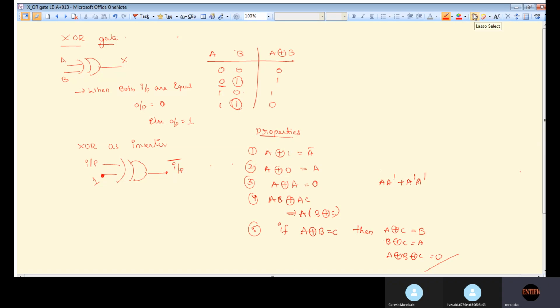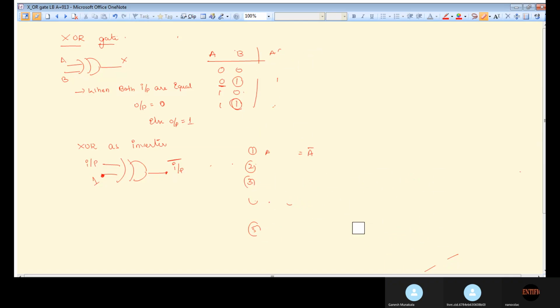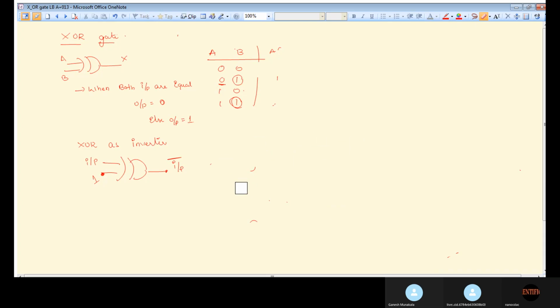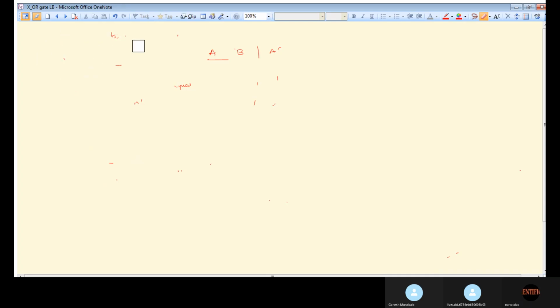Shall we go for XNOR? This is our XOR gate. So the last one is the XNOR gate.